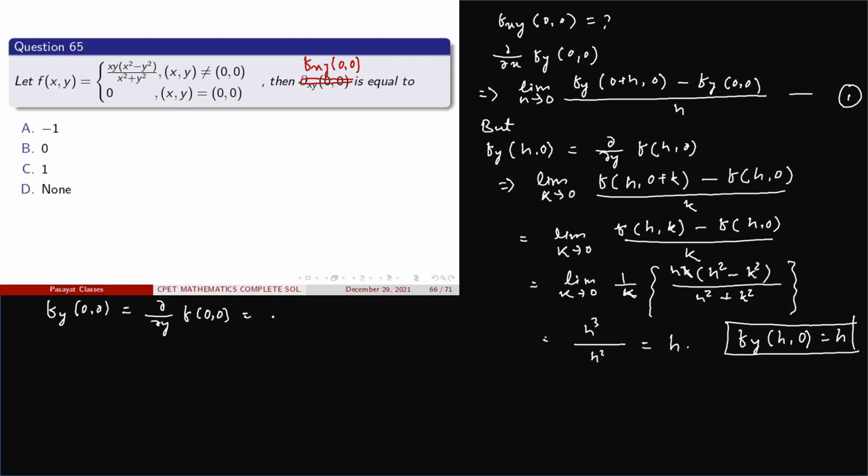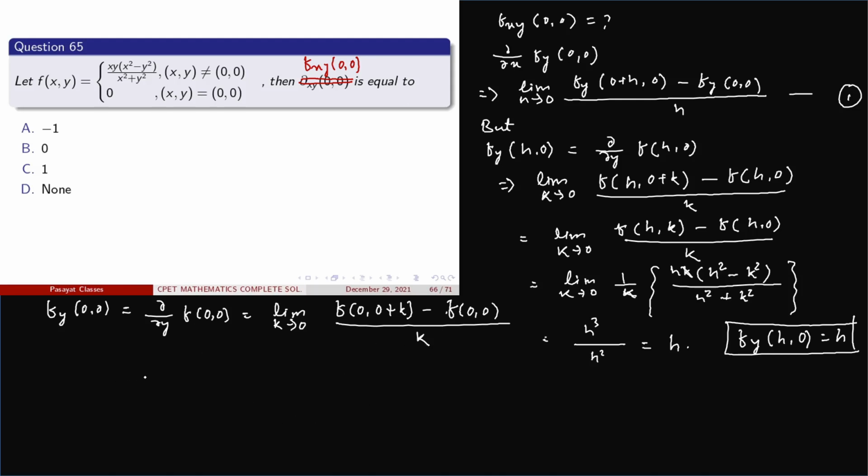This is equal to limit k tends to 0 of f of 0 comma 0 plus k minus f of 0 comma 0, whole divided by k.